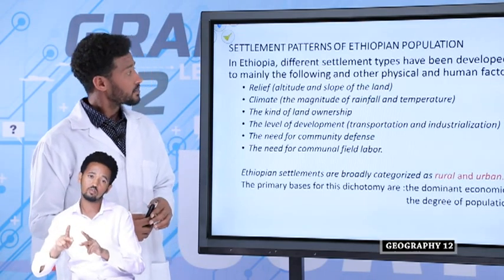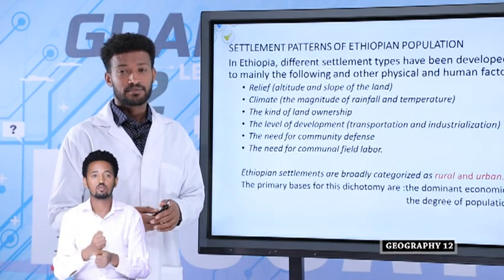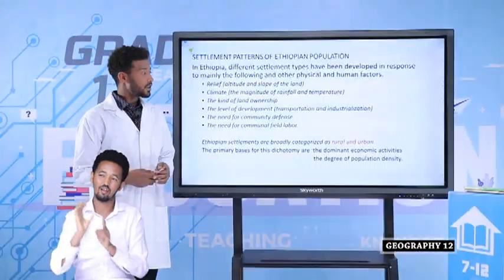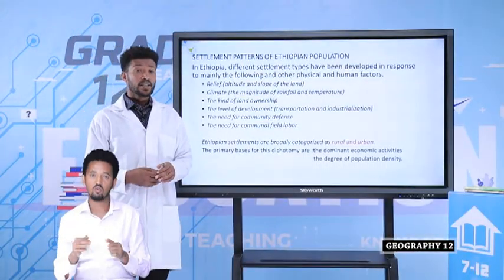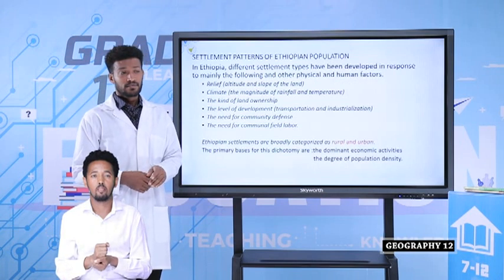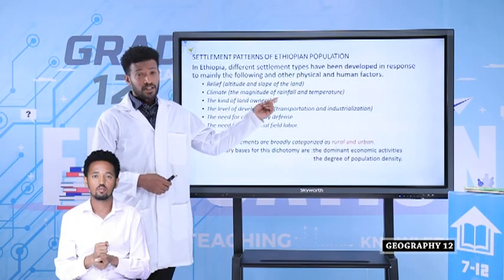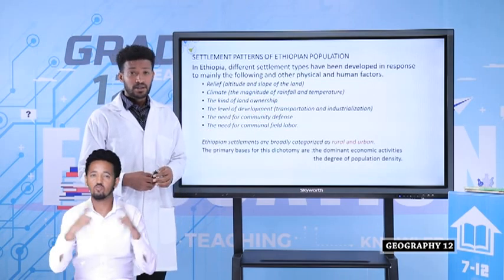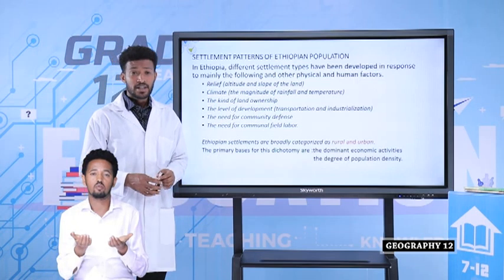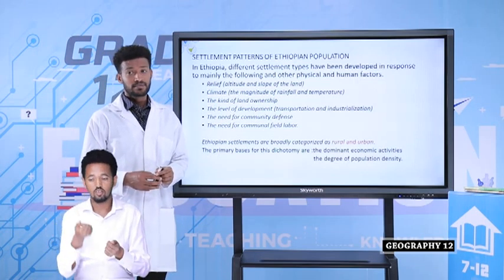The second factor is climate. From climate, rainfall and temperature are the major factors. From these, temperature is a very important one, because all people need a suitable temperature in order to settle in some places.